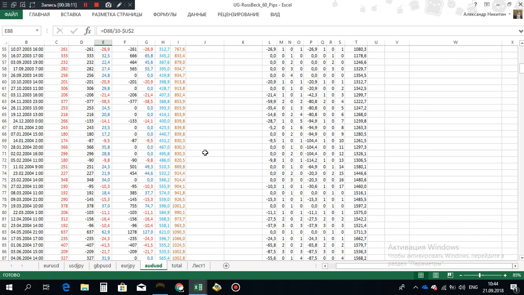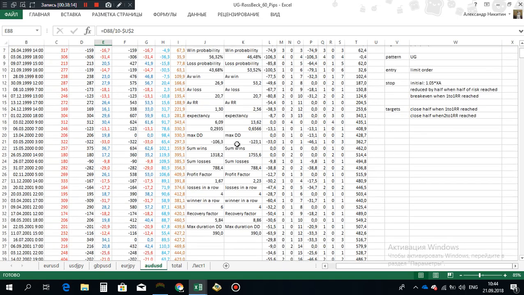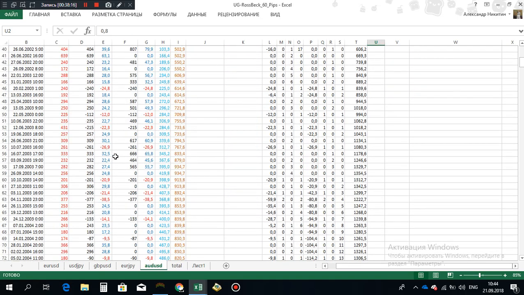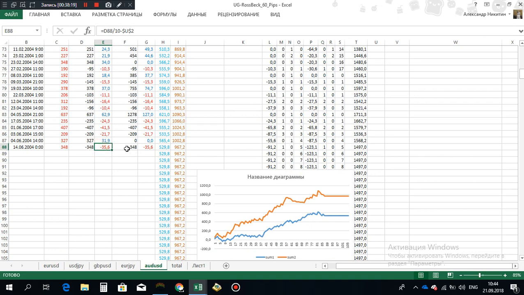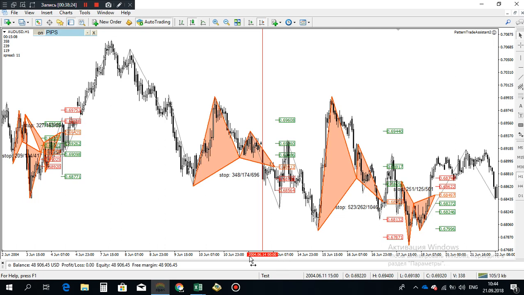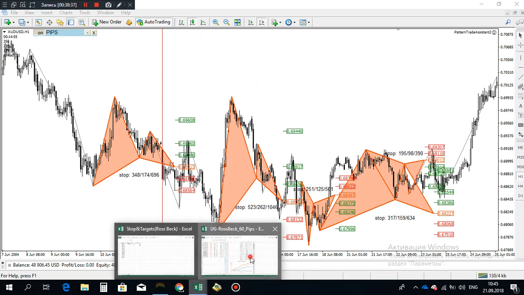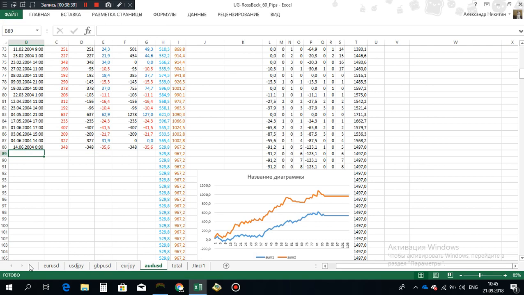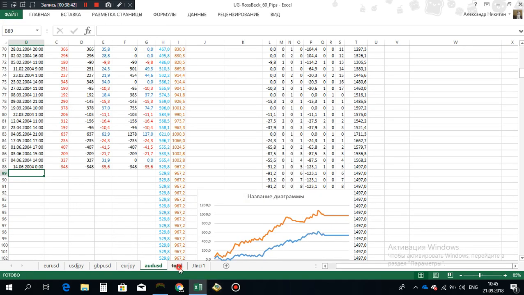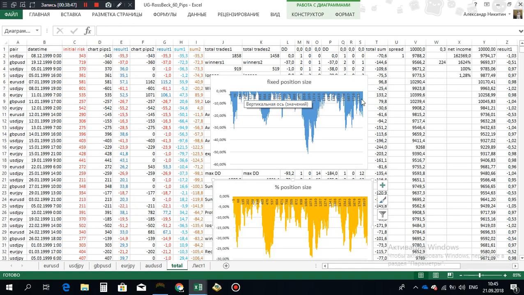If we add the spread, and my spread is 0.8, it is even greater than that. This is the trade that I actually stopped for now. This is my ending, so I will continue till the end, then I will add this to the total, and we will see how it improves the results.